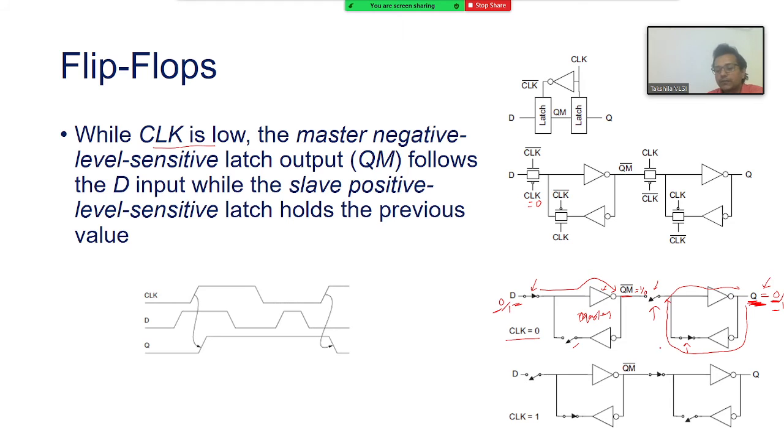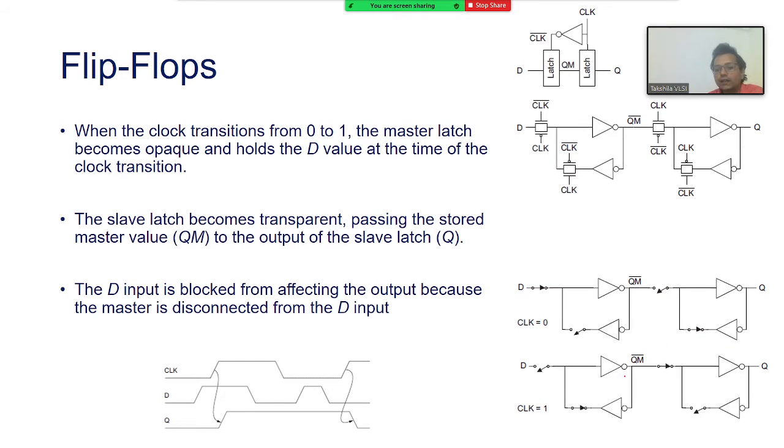But what happens when the clock goes from 0 to 1? Earlier the clock was 0, now it became 1 in this circuit diagram. So if it is 1, then all switches which were open will get closed, and the switches that were closed will get open. So you see these switches are opposite now. This got open, this got closed, this got closed, and this got open.